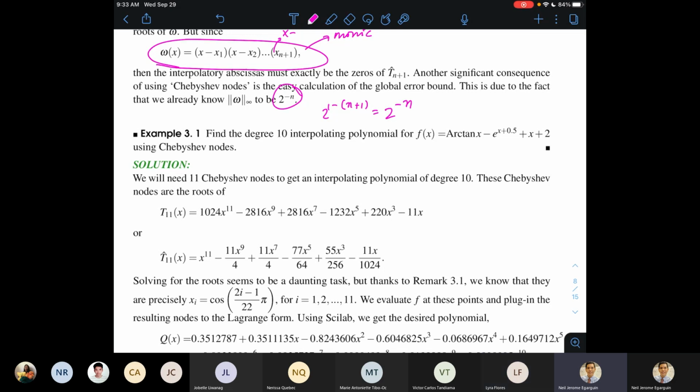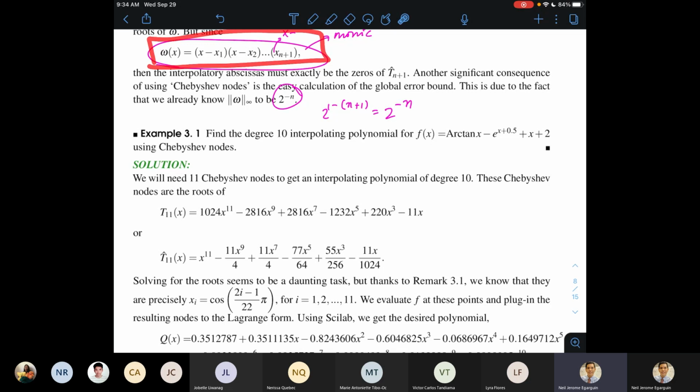Si omega ay monic polynomial of degree n plus 1. Tapos naggawa tayo ng analysis. Ang results ng analysis natin ay ang may pinakamaliit na L infinity norm ay yung mga Chebyshev polynomials, yung mga monic Chebyshev polynomials. So para ma-attain ni omega yung pinakamaliit na L infinity norm, dapat si omega maging equal sa monic Chebyshev polynomial. Right? Pero si omega, ito yung itsura niya.